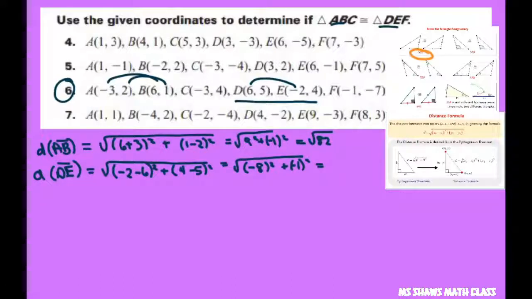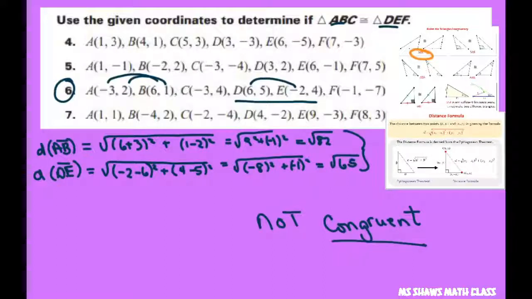That gives you 64 plus 1, so that's the square root of 65. Since these two don't match, that means the sides don't match. That means the triangles are not congruent. So not congruent, and we can stop. You don't have to do the other ones.